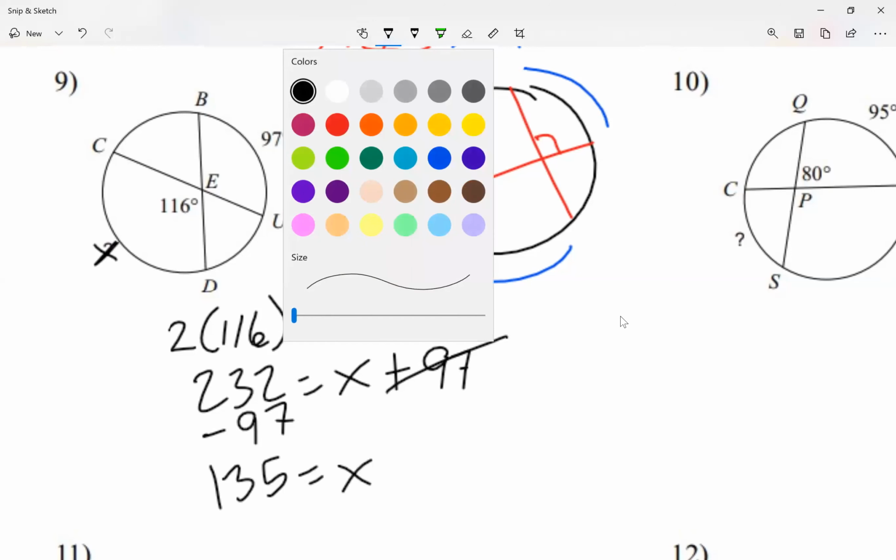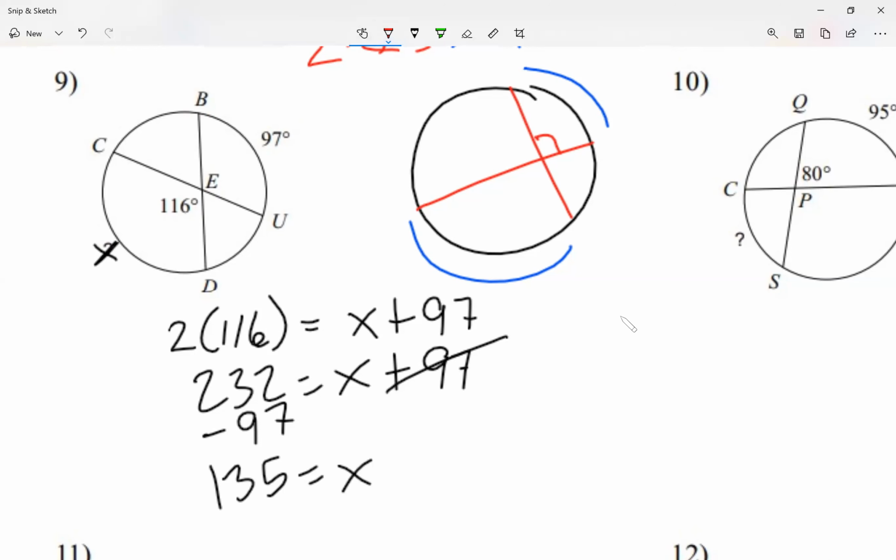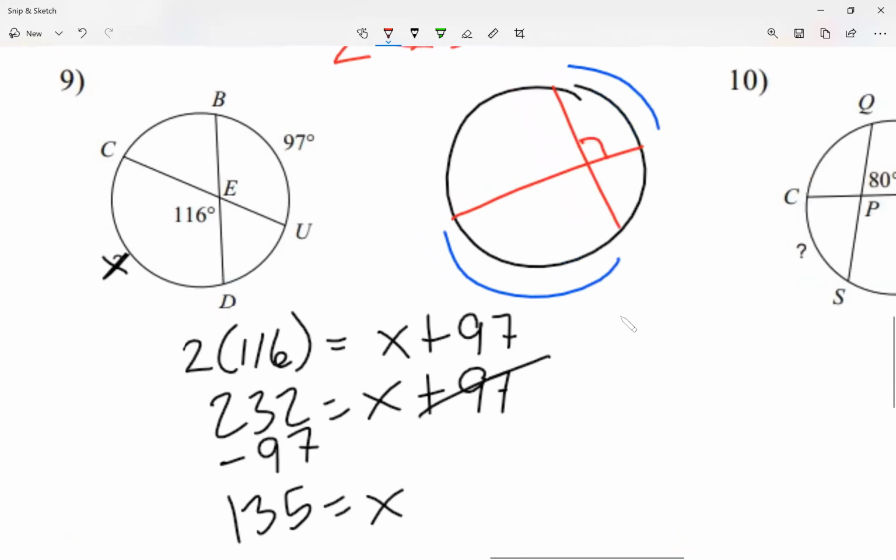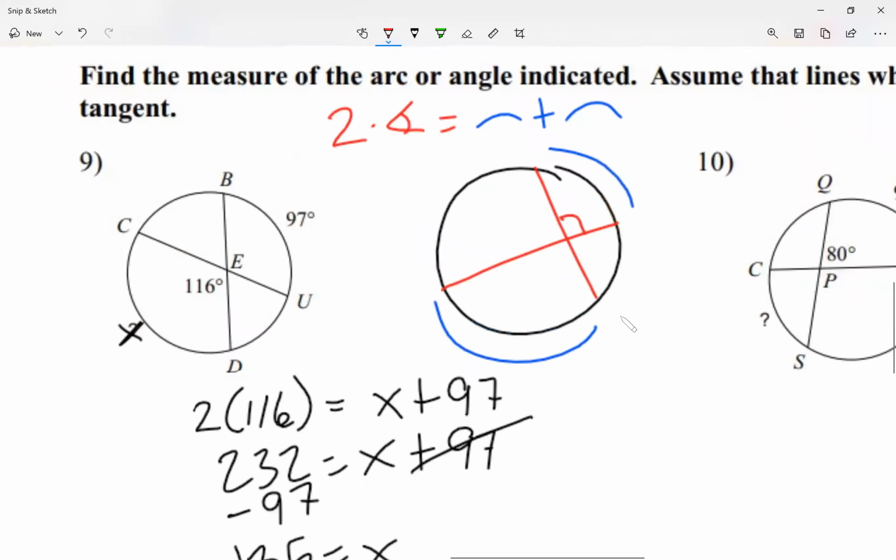Now, one more thing. I can play in your homework. I can ask you for the arc CB, or I can ask you for this angle right here.